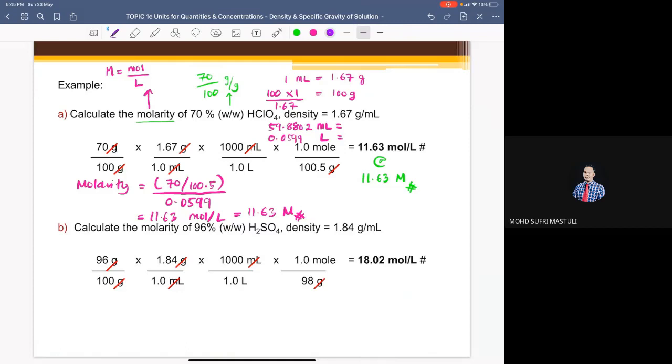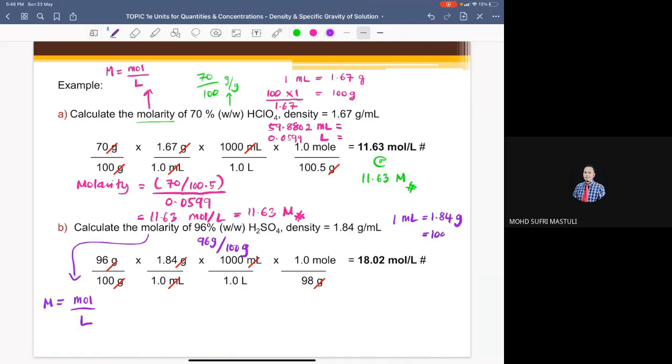All right. The second question is also similar. It is asking you about molarity, mole per liter. You have 90 gram per 100 gram from the percentage of weight per weight, and you are also given the density: 1 ml is equivalent to 1.84 gram.